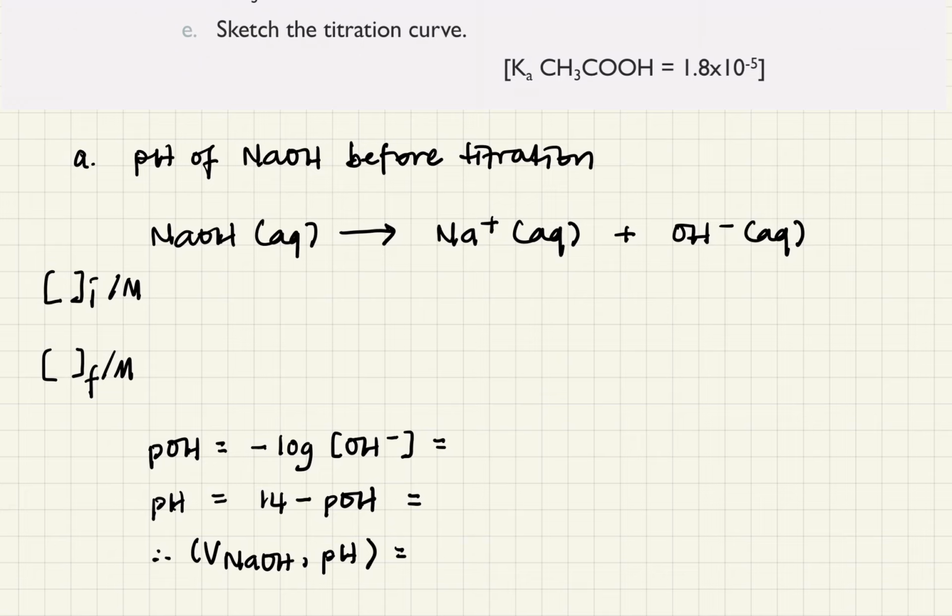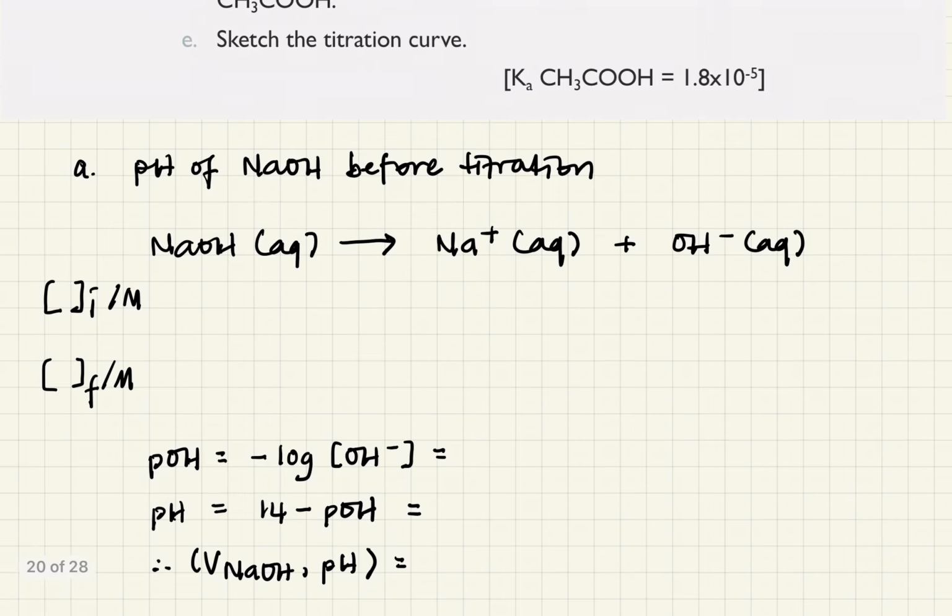When sodium hydroxide dissociates, it forms sodium ion and hydroxide ion because sodium hydroxide is a strong base, so you don't need to worry about it partially dissociating.